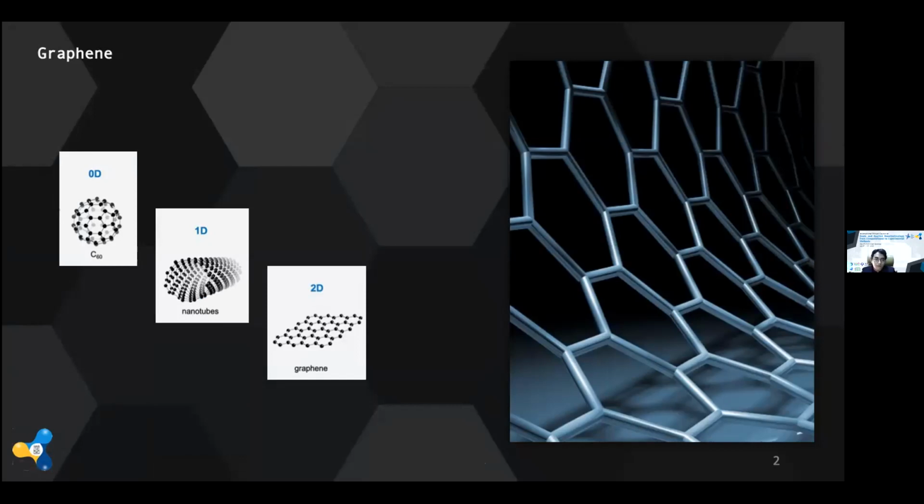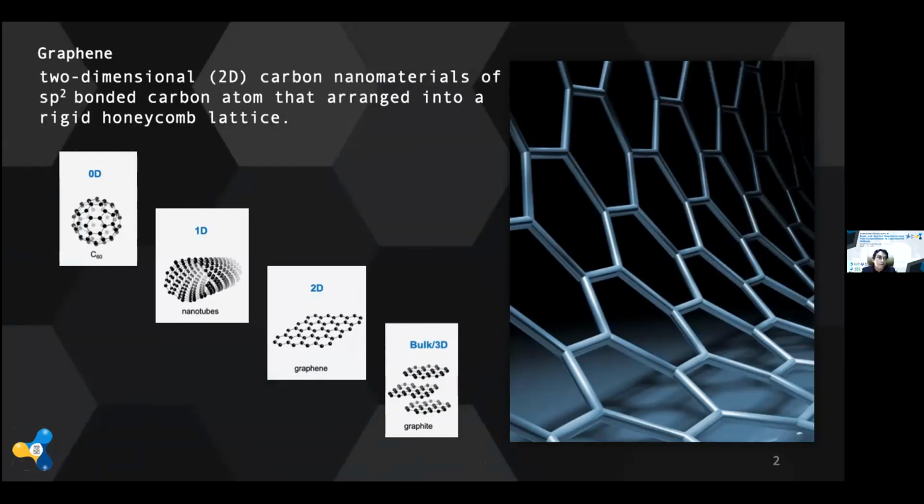We also have graphite as the bulk or 3D form of sp2 bonded carbon atoms arranged into a rigid honeycomb lattice. So graphene is a two-dimensional carbon nanomaterial of sp2 bonded carbon atoms arranged into a rigid honeycomb lattice, just like shown here.